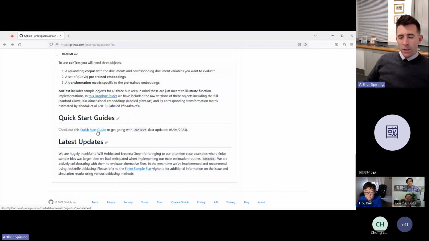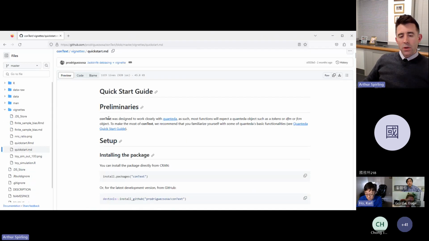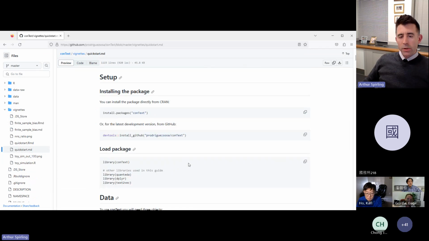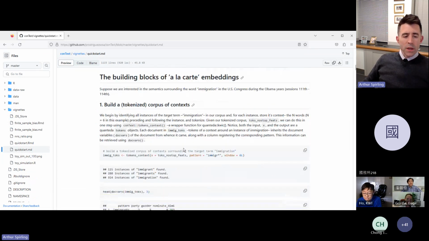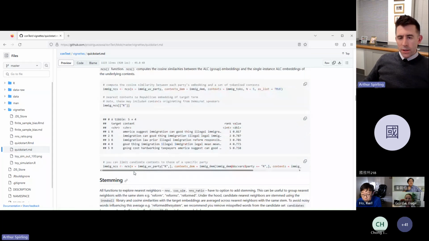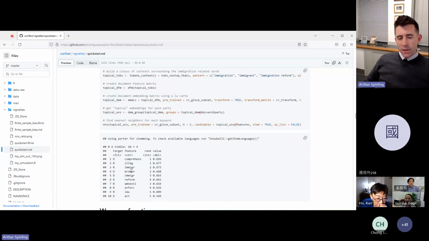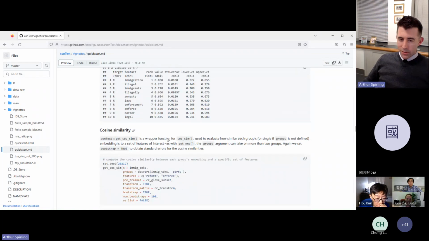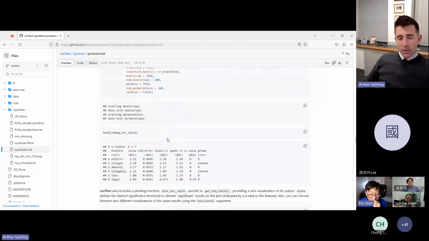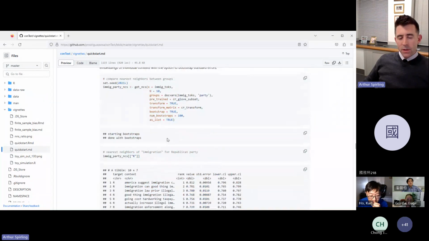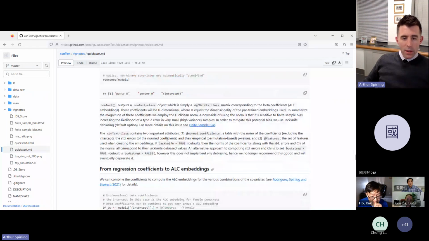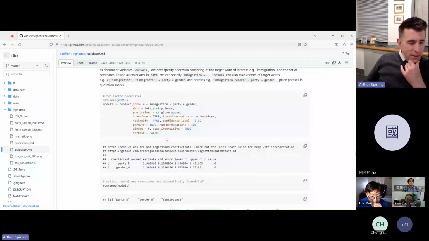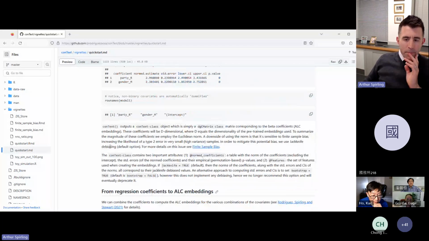I did a version of the quick start guide here. It goes through how to set it up, how it works, and how to build your own embeddings. I did a shorter version of this, but it's very nice. I think he did the same example as me. Did he get the same coefficients? Maybe. Yeah, basically.